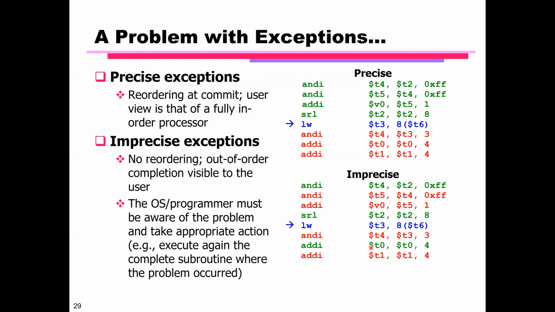Because we rely on exceptions for the normal operation of our processor, of our system, and we rely especially on non-terminating exceptions where we need to come back and continue the execution. So we need to find a solution for that.